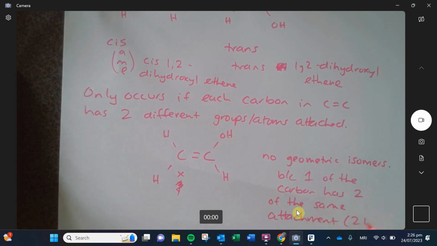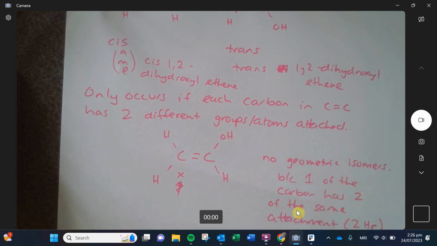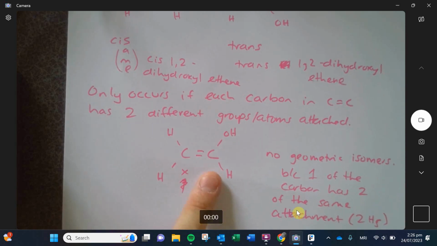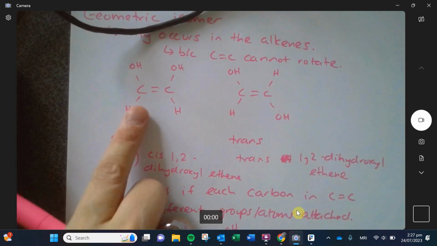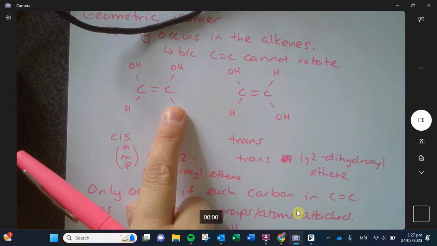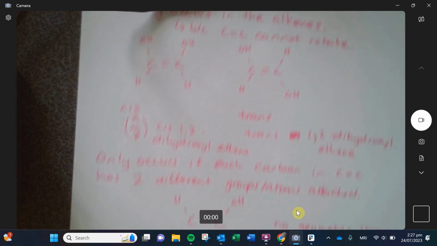So two hydrogens. Whereas this one would actually meet the requirements because it has two different things on there. But both of those carbons need to have two different things. If both of them don't have two different things, then no geometric isomers. Whereas this guy up here does have two different things. This guy has two different things.